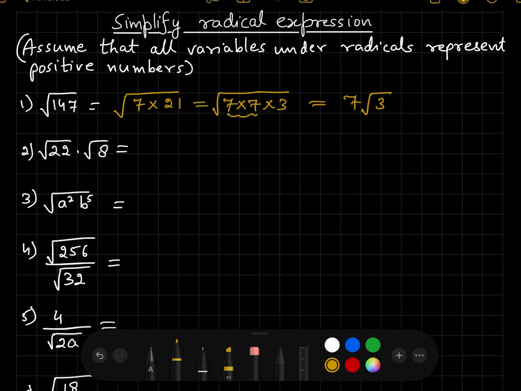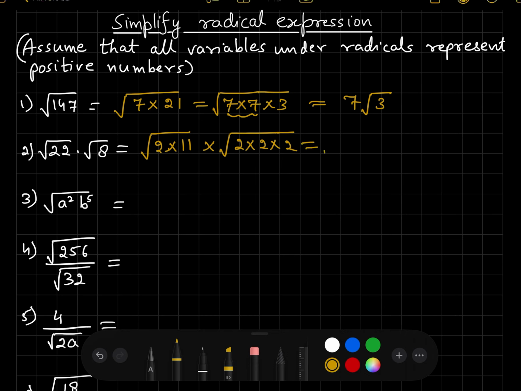Let us do the next one. This is the square root of 22 times 8. I can write this as 2 times 11, and the dot means it is multiplied, and 8 can be written as 2 times 2 times 2.